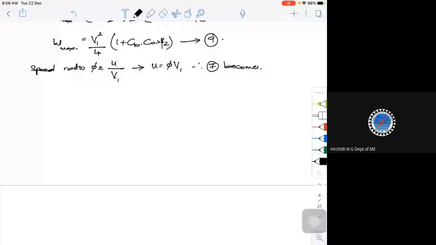I can write it as w by m, or w is equal to v1 minus phi into v1 into phi into v1 into 1 plus cb into cos beta 2. Or I can write w is equal to, if I take my phi outside, phi into v1 square I can take it out.